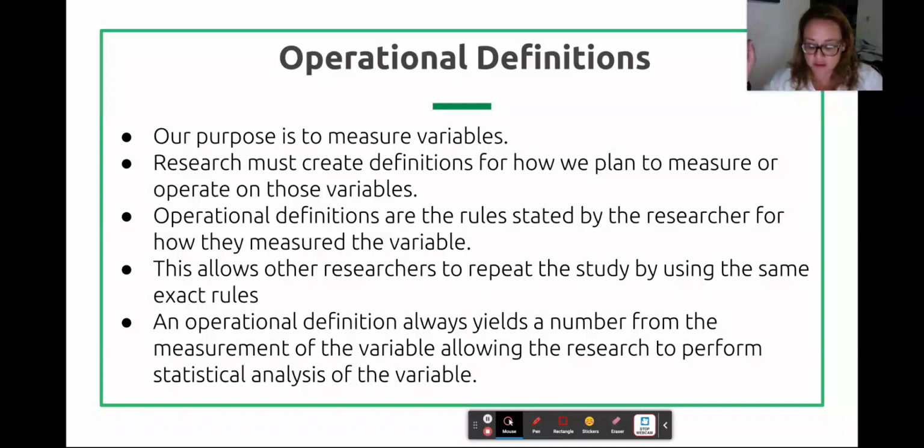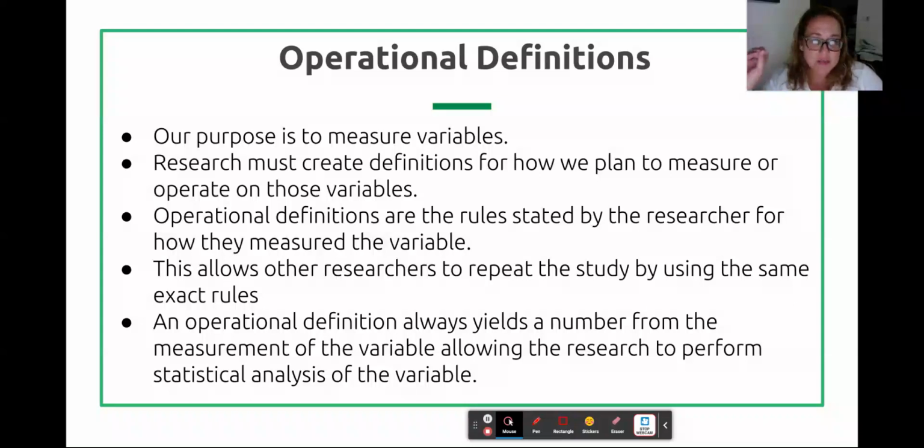So an operational definition is a detailed statement of the exact procedures, the step by steps that will be used in the research. Okay, so they're going to tell you a step by step procedure, and it has to be super, super precise.